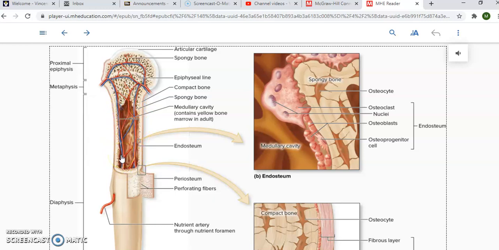Endo, E-N-D-O, means inside, and osteum is bone. So the endosteum covers the surfaces of the spongy bone inside our bones, and is the layer on the inside of our bones, mainly lining the medullary cavity area.